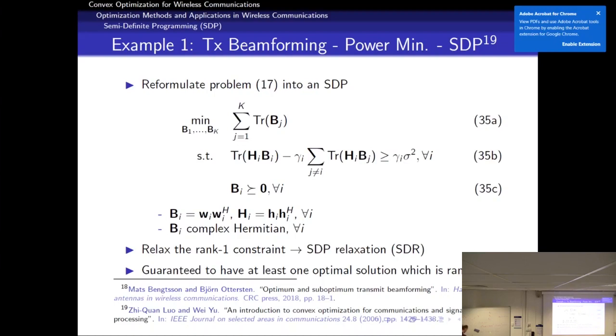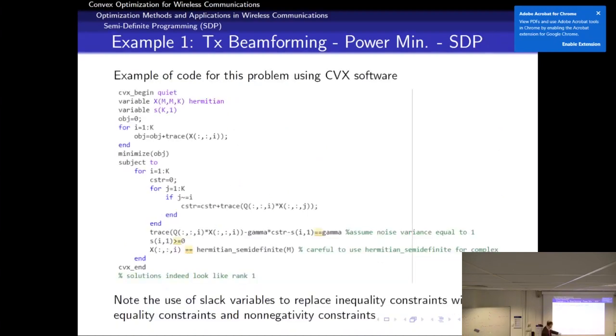What I can say, this will be essentially equivalent to saying I have trace of A_i X minus another variable, called here this auxiliary slack variable, equal to b_i. And I'm saying s has to be positive, right? If s is positive or equal to 0, this trace will always be larger or equal to b_i.